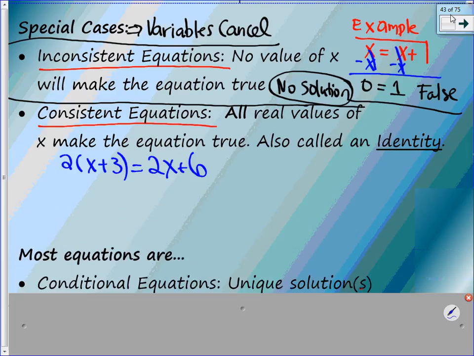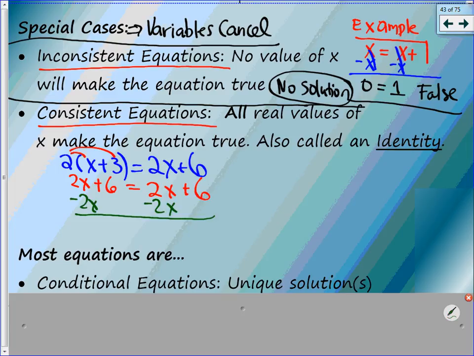And when I distribute, I will get 2x plus 6 equals, and then when I subtract 2x from both sides, I'll get 6 equals 6.